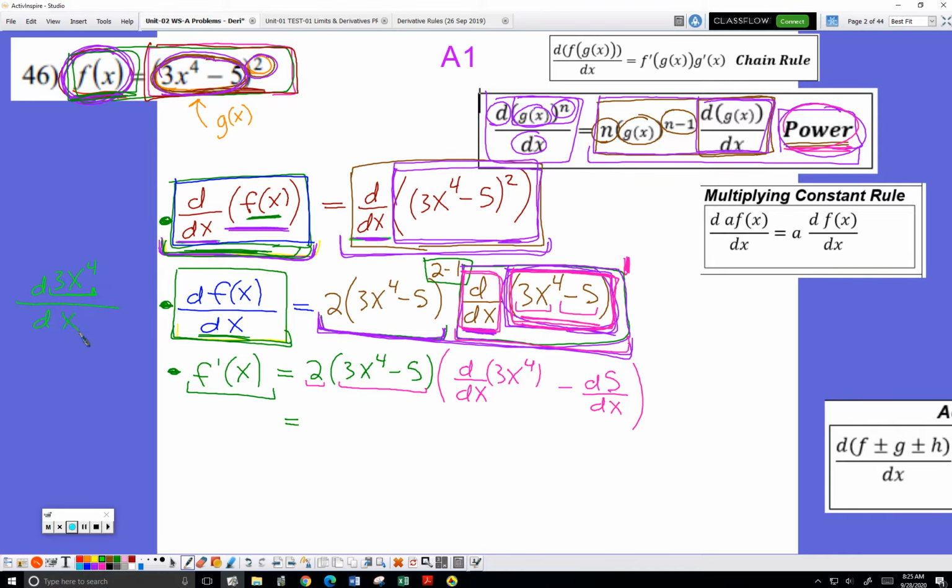So it's a big mouthful to say. You don't ever really have to remember that per se, but that's what it means. So no, the d can't separate. The d only applies to the 3x to the 4th. The dx is separate. You can write it like this, or you can write it like I did over there. Either way is fine. I don't know if I answered your question though. Okay. Anybody else?